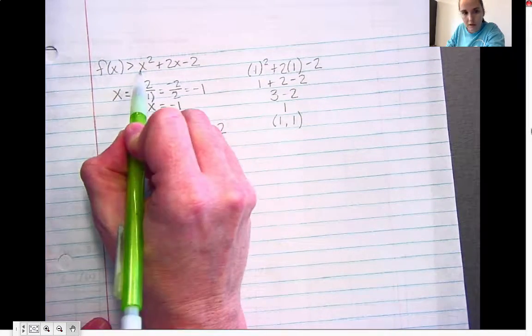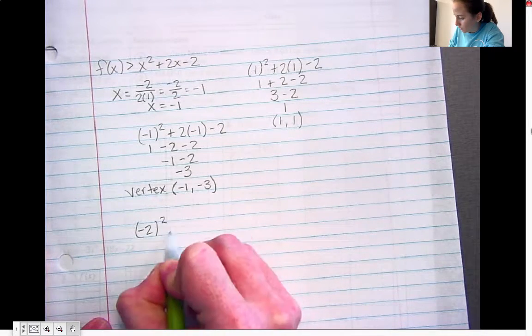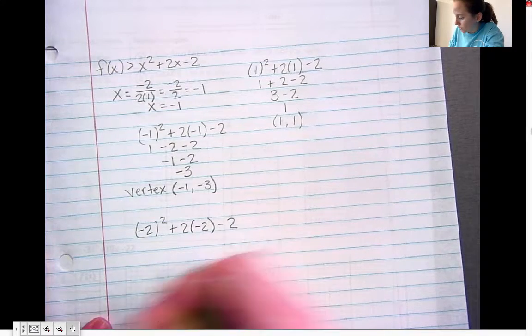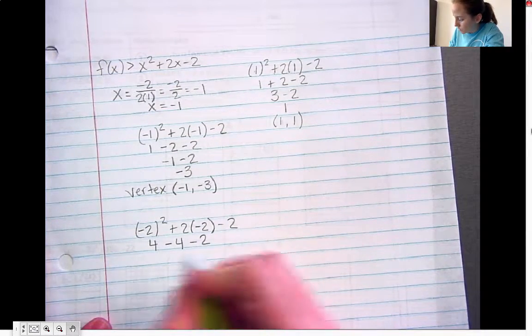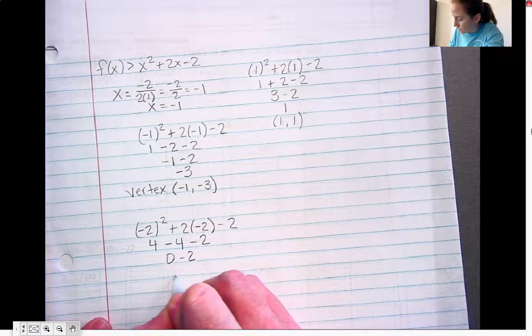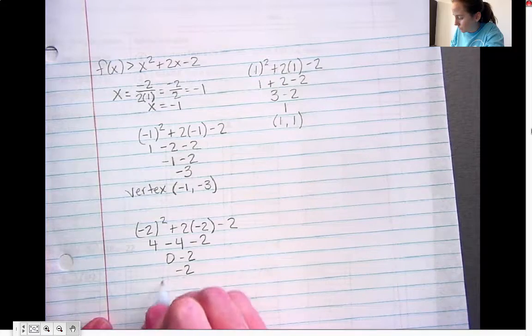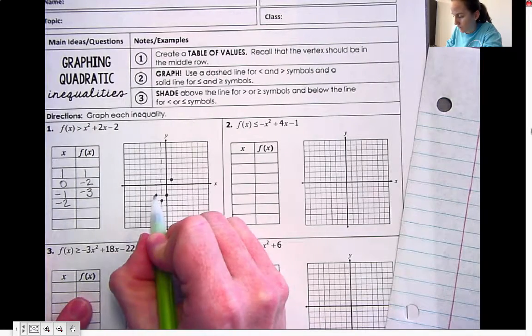So again, plug in negative 2 for your x values. Negative 2 squared plus 2 times negative 2 minus 2. 4 minus 4 minus 2. 0 minus 2 is negative 2. So I plugged in negative 2 and I got out negative 2. So negative 2, negative 2, which is this point.